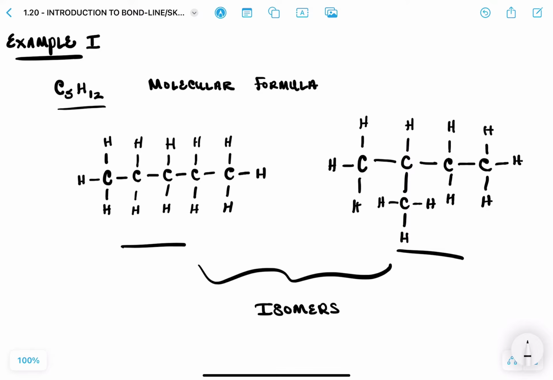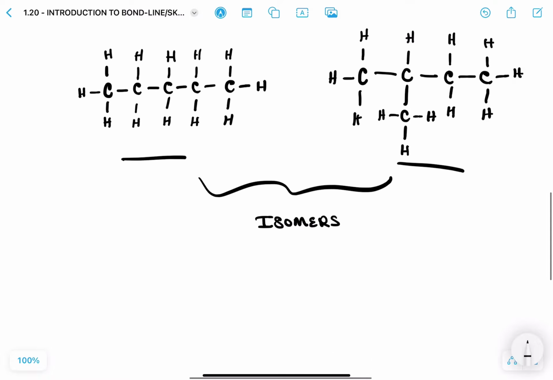Now, in order to express these structures in a much more efficient, time-saving way, we don't want to draw all the hydrogens. We want to find an easier way to draw them, and one way to do that is the skeletal structure. So 1, 2, 3, 4, 5.